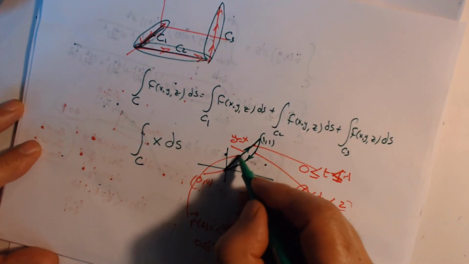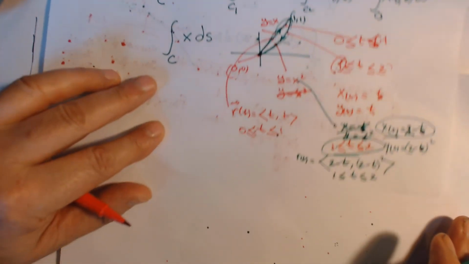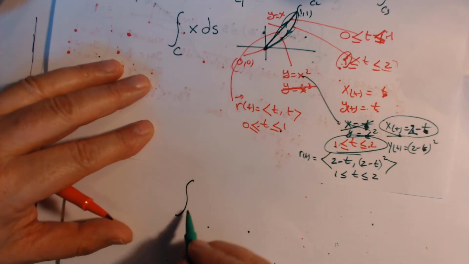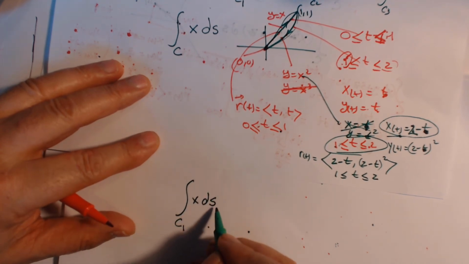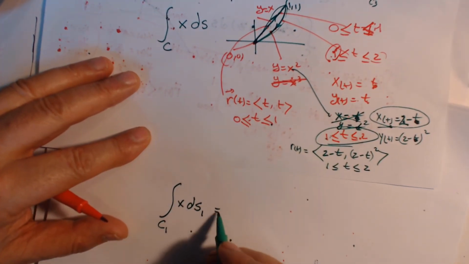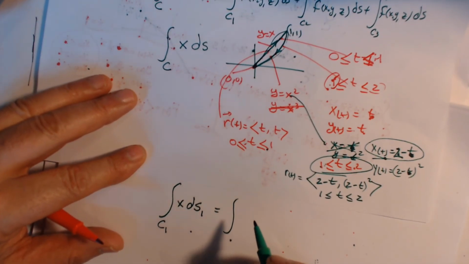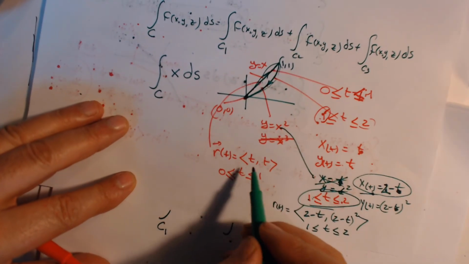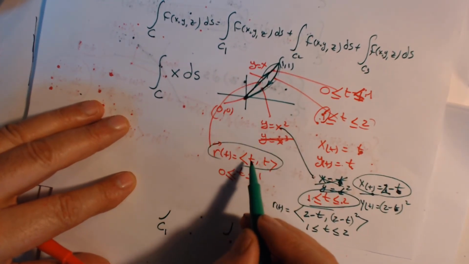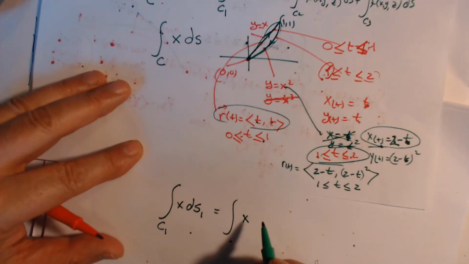Therefore, I want to know along that path, and I'm going to write. First, I do the C1. The integral over C1 of x ds. And I'm going to write this one as my x. Let me write the x by itself. But what is my ds? ds is the arc length. It is the square root of (dx/dt) squared plus (dy/dt) squared dt.